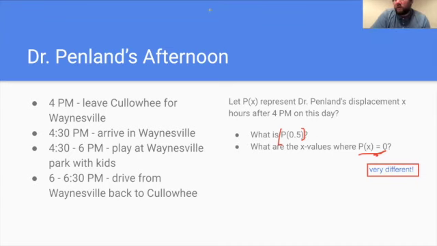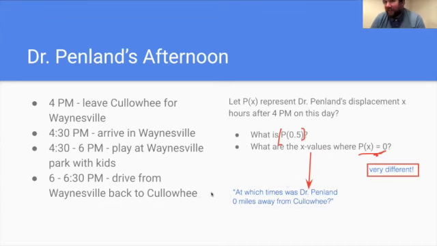Here we know that the displacement is 0, but we don't know what the times were. So an equivalent way to ask this question would be, at which times was Dr. Penland 0 miles away from Cullowhee?